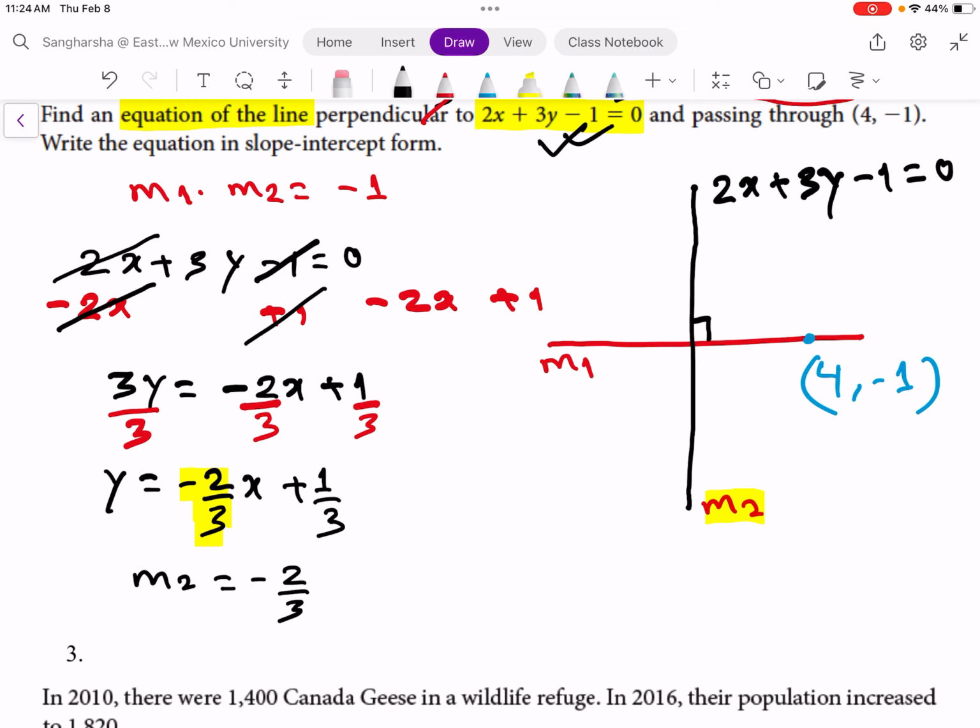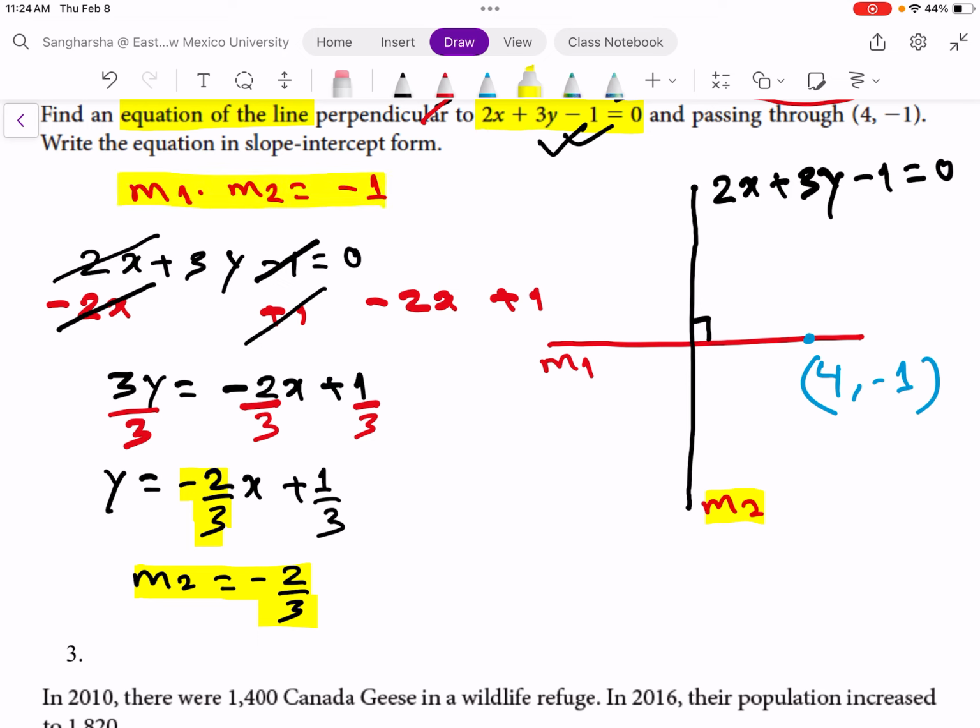What should be the slope of the red line so that the product of the slopes of the red line and the black line is negative 1? We can substitute m2 equals negative 2 over 3 in this relation.